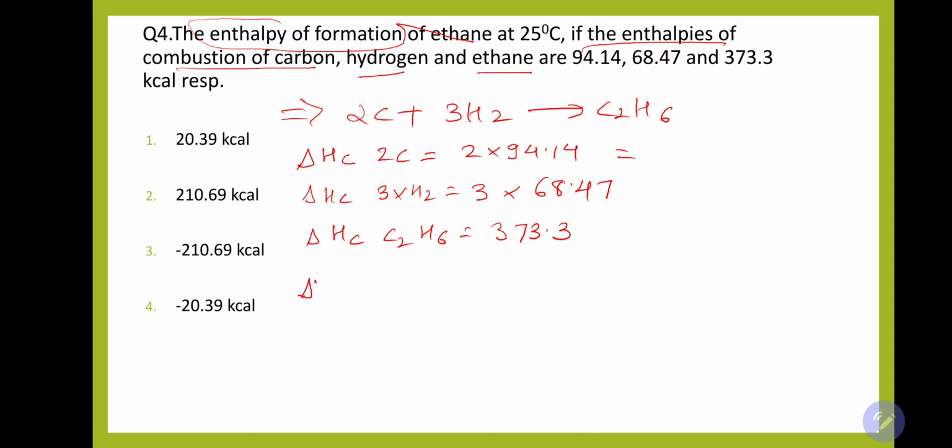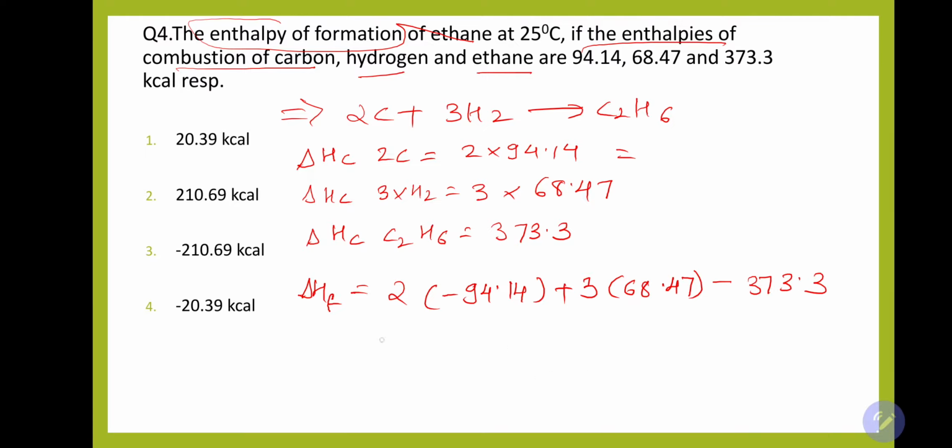So what is the enthalpy of reaction? The enthalpy of formation will be what? Write this whole, that is the enthalpy: 2 into minus 94.14 plus 3 into 68.47 minus what is the product, minus that of product, it is 373.3.